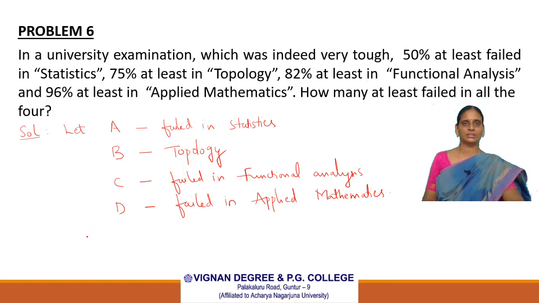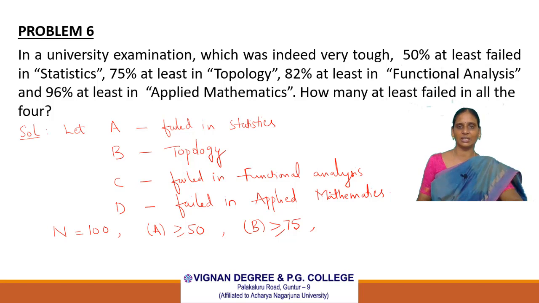Here the frequencies are in percentages, so we assume the size of the population, capital N, is equal to 100. 50% at least failed in statistics, that means frequency of A is greater than or equal to 50. 75% at least in topology, so frequency of B is greater than or equal to 75. 82% at least in functional analysis, so frequency of C is greater than or equal to 82.